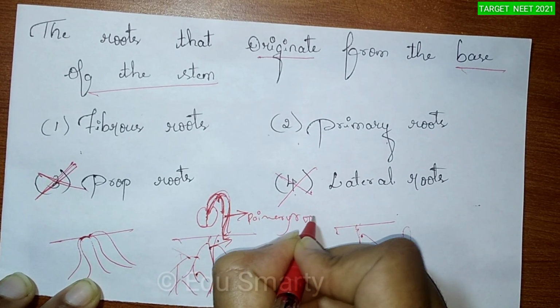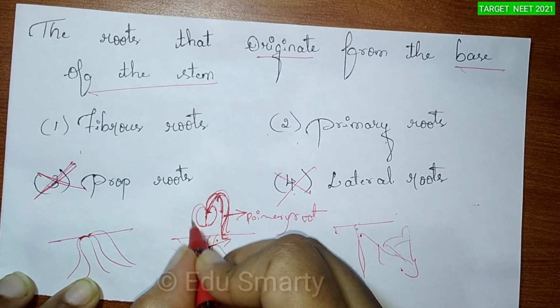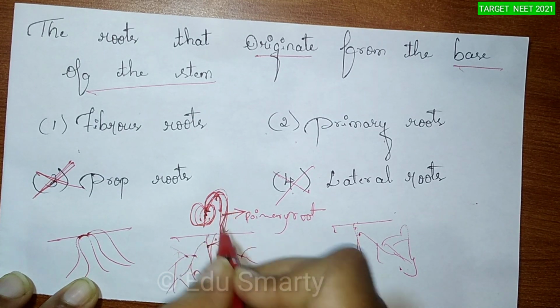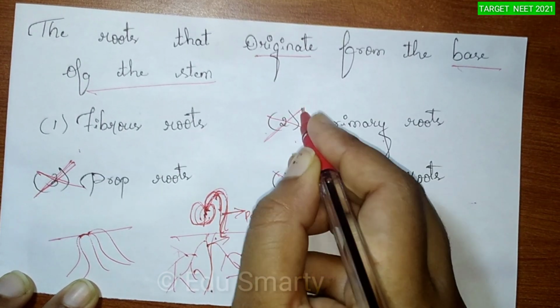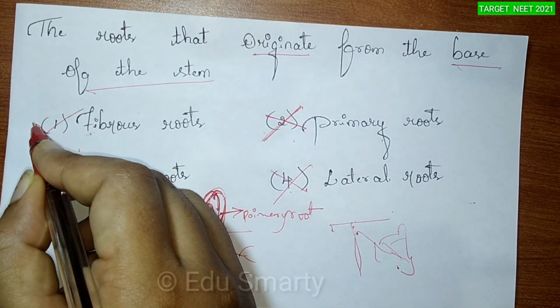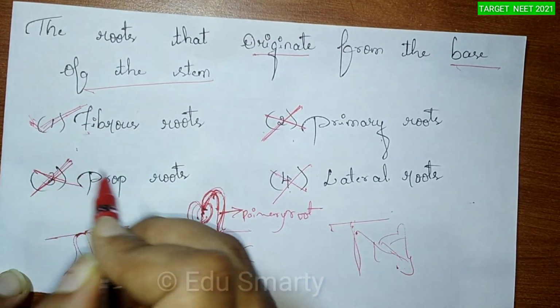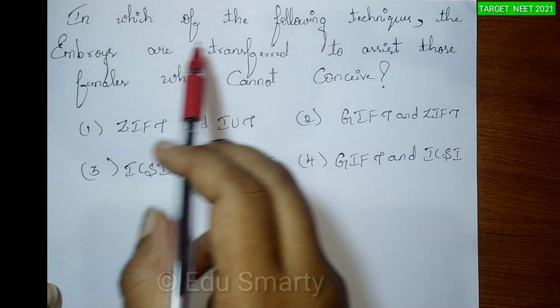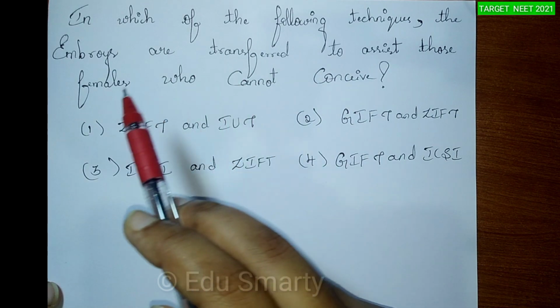So the primary root will be formed during the germination of the dicotyledonous seed. It is originating from here, so it's not our answer. So the answer will be the fibrous root, which will directly originate from the base of the stem of the plant.